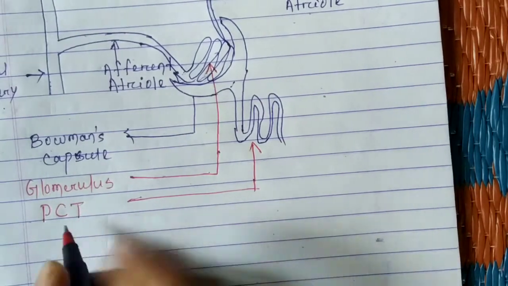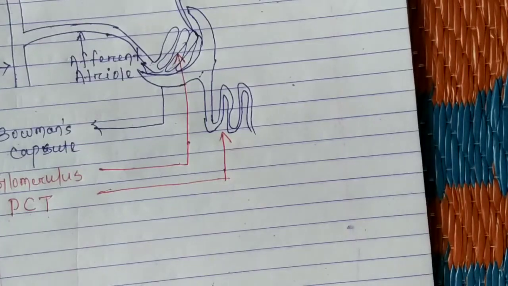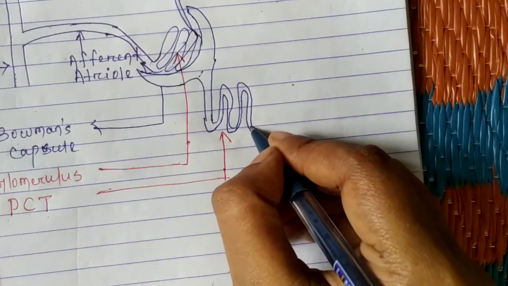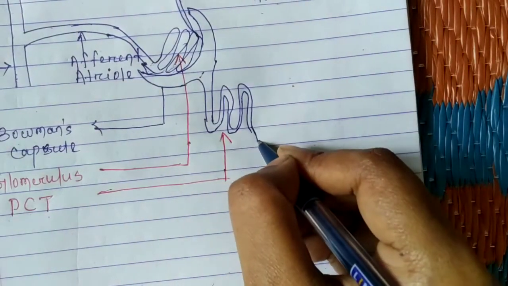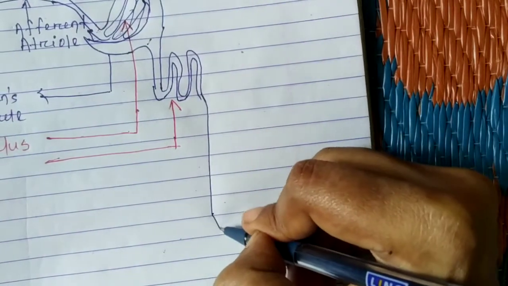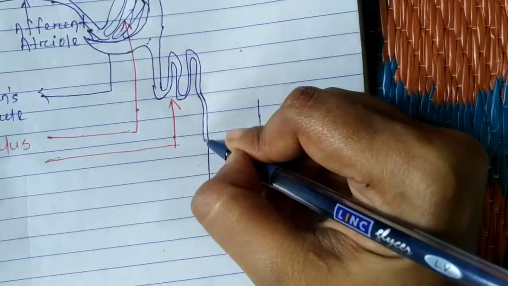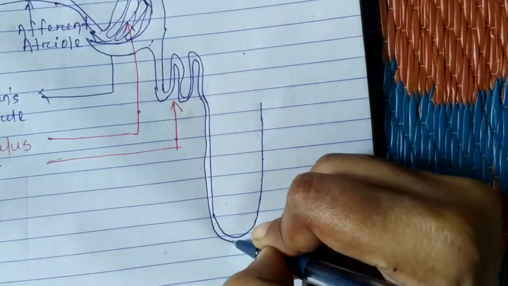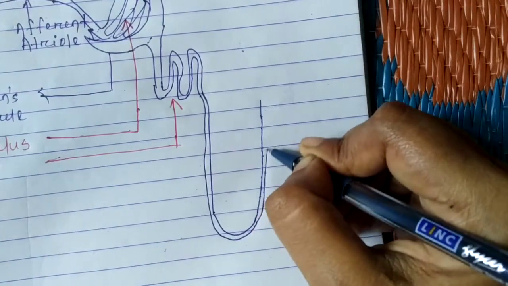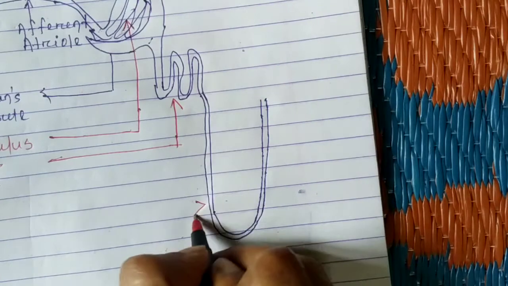PCT, in short I am writing PCT, proximal convoluted tubule. Now the proximal convoluted tubule runs down to form a U-shaped tubule, which is known as the loop of Henle.